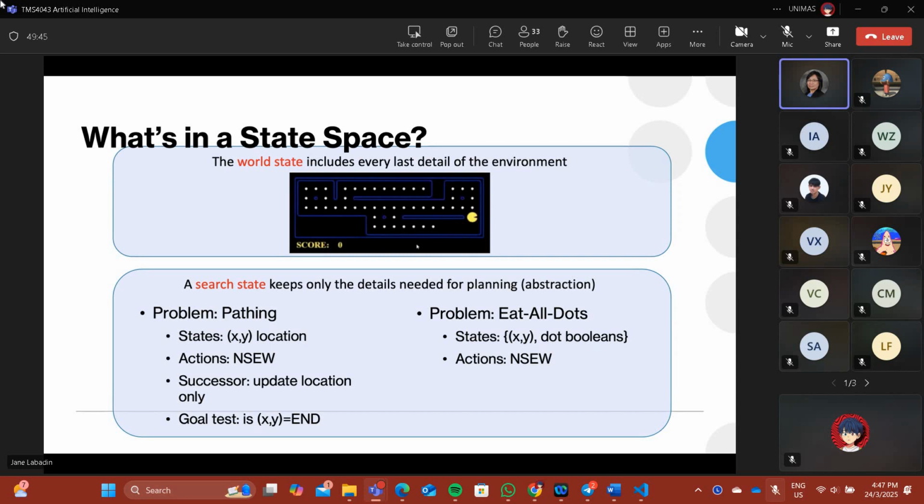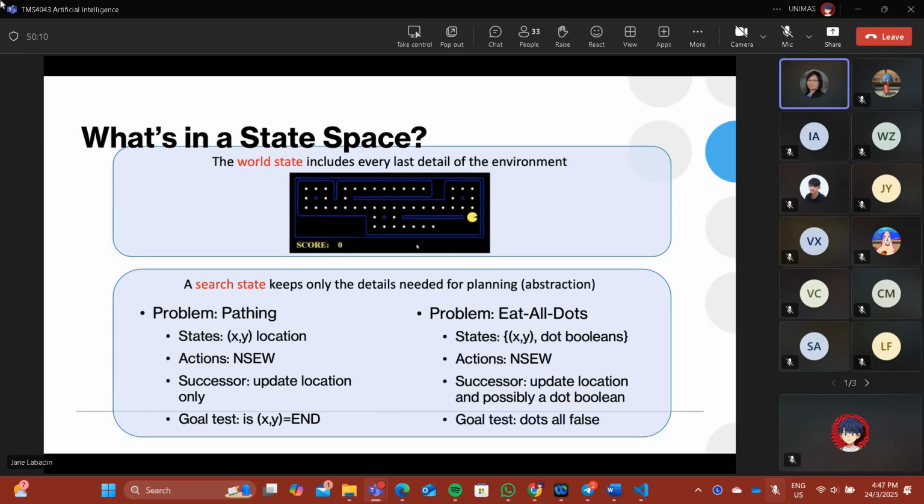And again, the action is the same. It can move north, south, east, west. Therefore your successor would update your location and possibly whether it's 1 or 0 on the white dot.